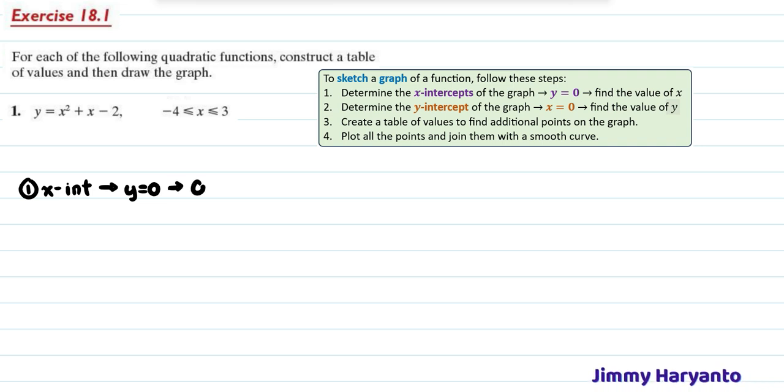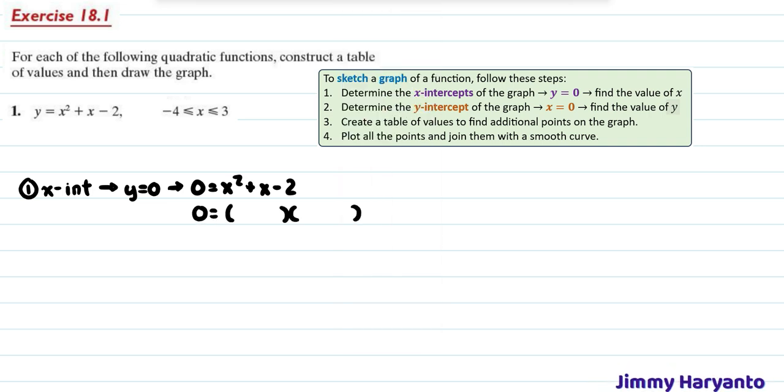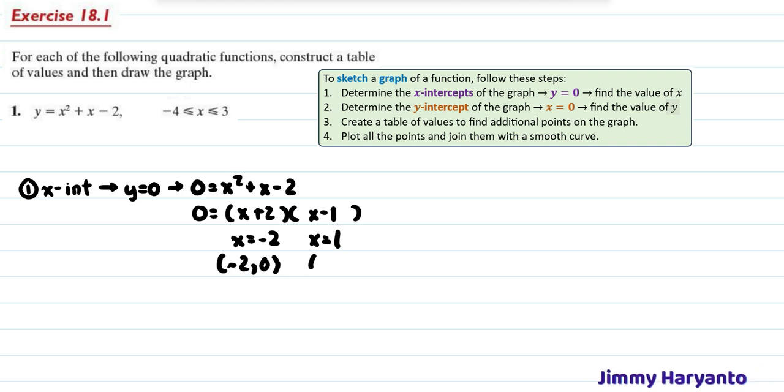You have to make it into 0 equals x squared plus x minus 2, and then you have to factorize this one, x plus 2 and then x minus 1. This one will be x equals negative 2 and then x equals 1. So this one is negative 2, 0, and that one will be 1, 0.